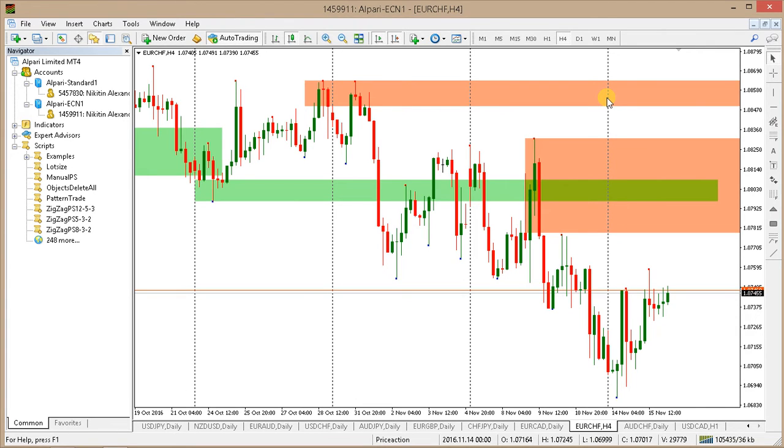The pattern shows me where exactly I should sell or buy, where exactly I should place a stop loss, and where exactly I should place my target. And I know the probability of the outcome in advance. I know everything in advance.